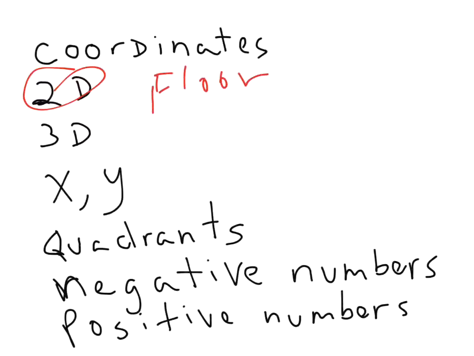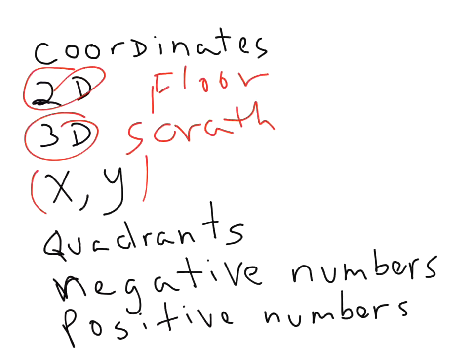So they move, and if they land here, they've got to see where they're at and get the coordinates. That's one of the ways that we're teaching them coordinates in 2 dimensions when we're doing it on the floor, and in 3 dimensions when they're doing it on Scratch.